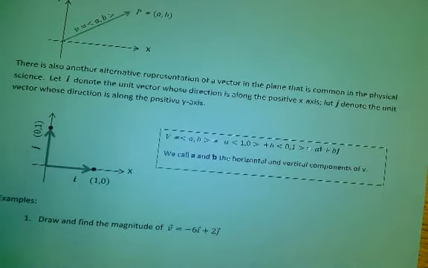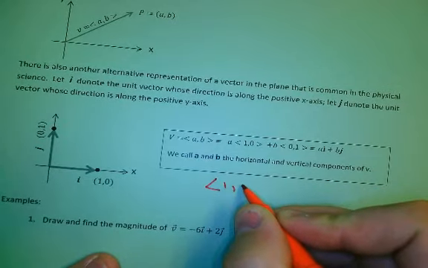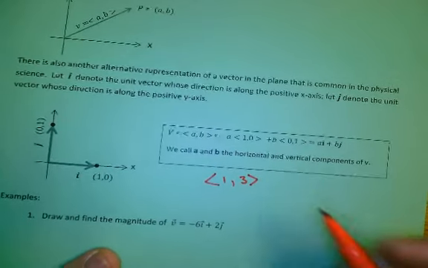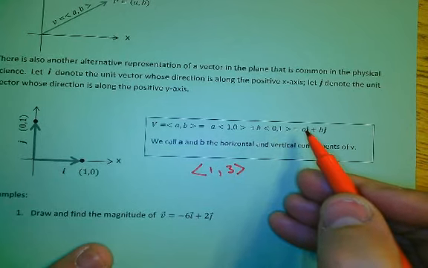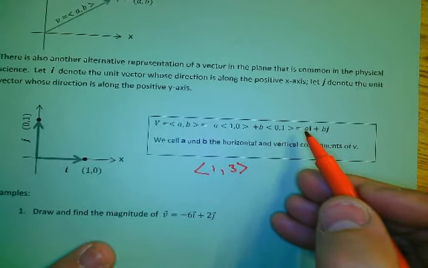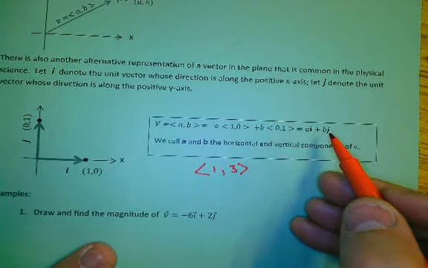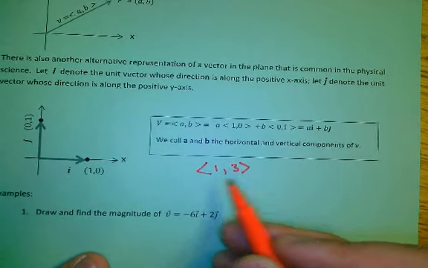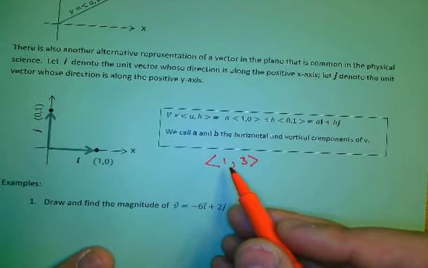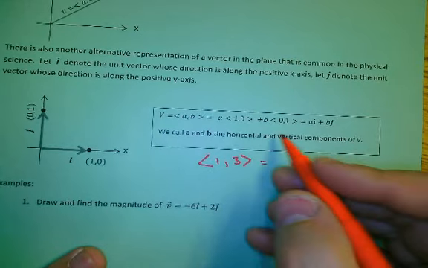Okay, so for example, if I have 1, 3. I is always in the horizontal direction. J is always in the vertical direction. So which number is in the horizontal direction here?